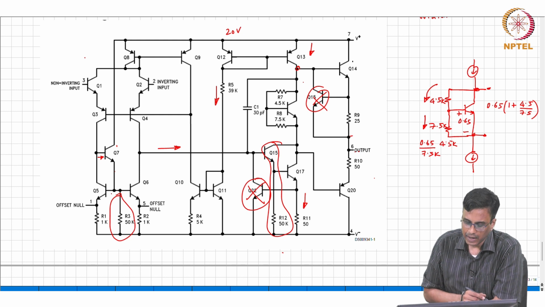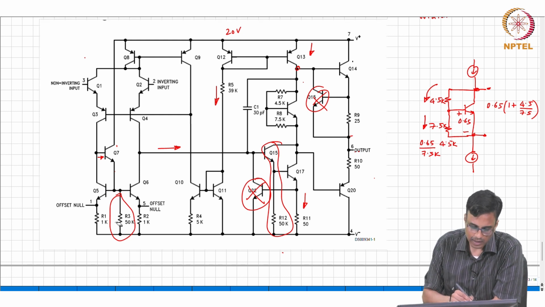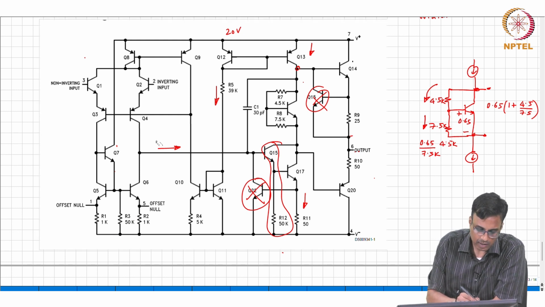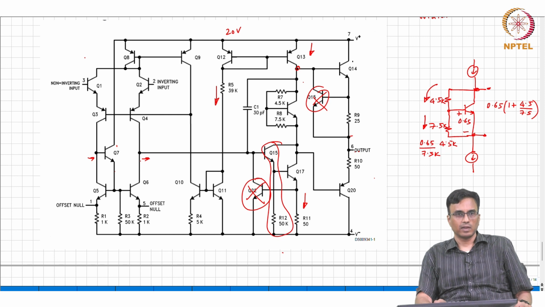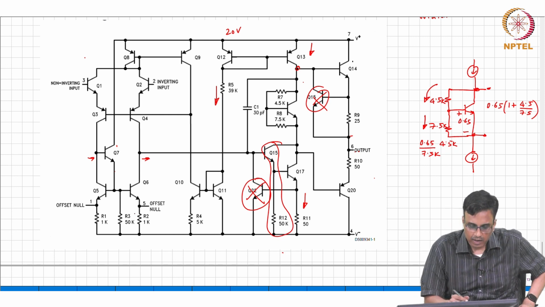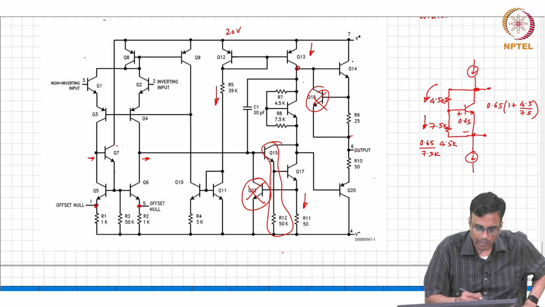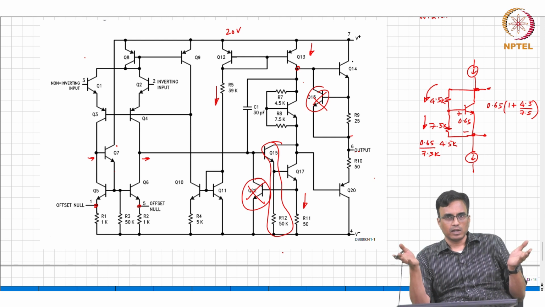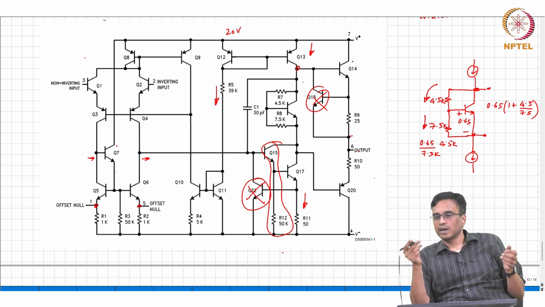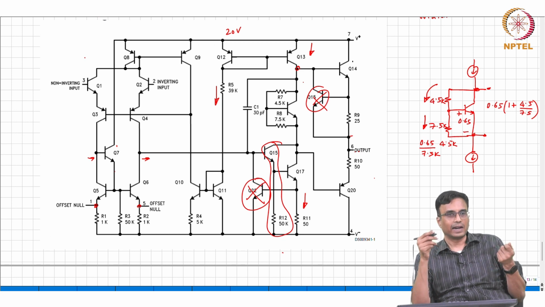This makes sure that the current is the same, so at least nominally the offset is 0. Of course, in spite of all this, because of manufacturing variations there will be mismatch between the transistors, which will cause some offset, and users might want to null that offset.